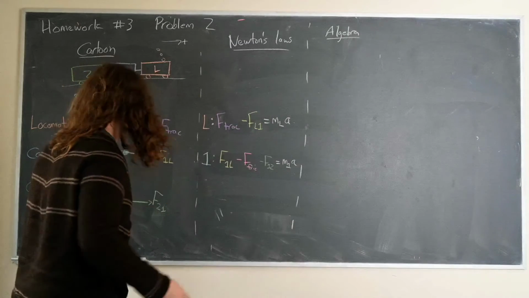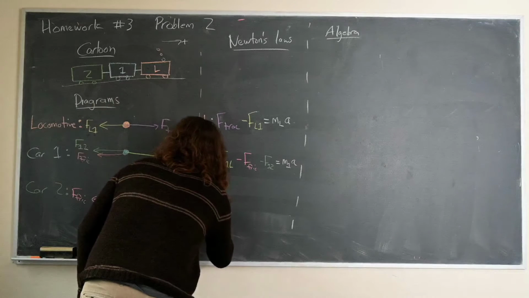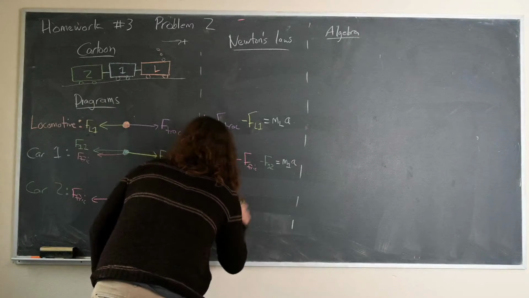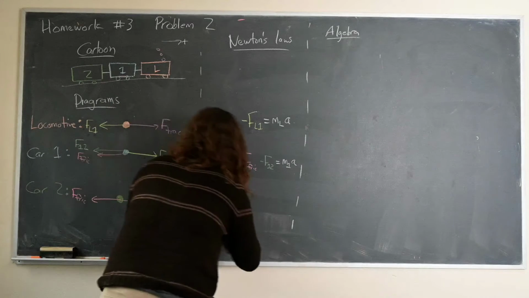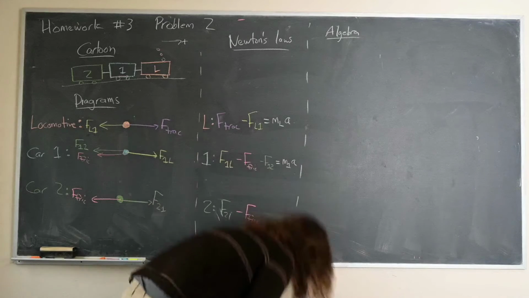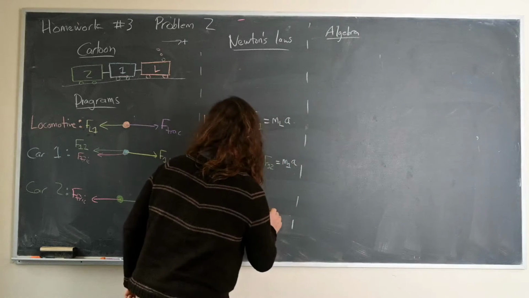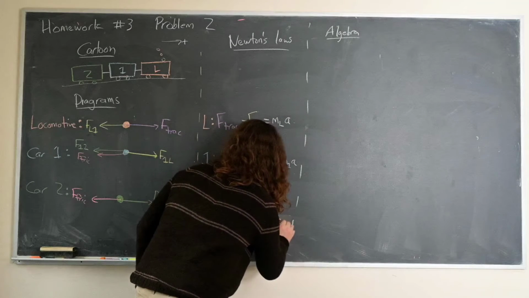And then for car 2, same deal. I have F21 minus F frick equals m2a.